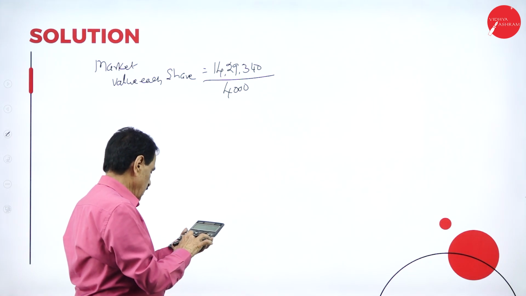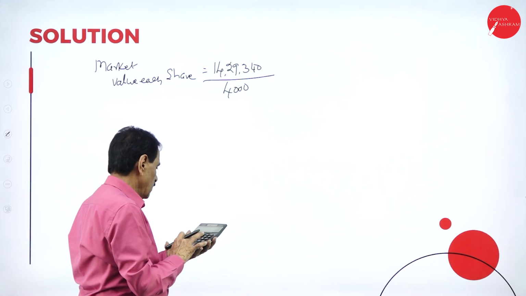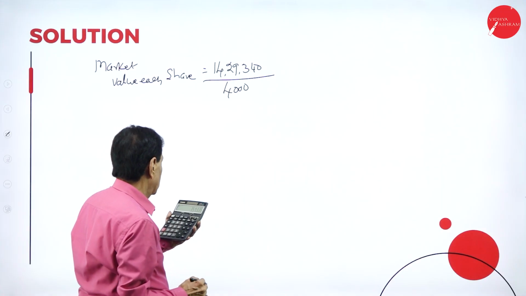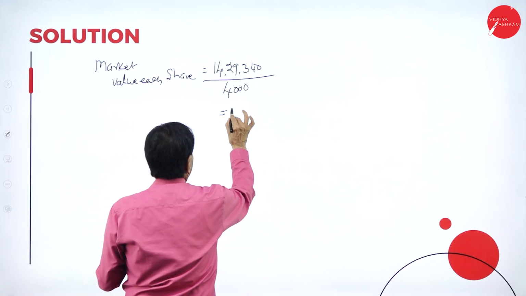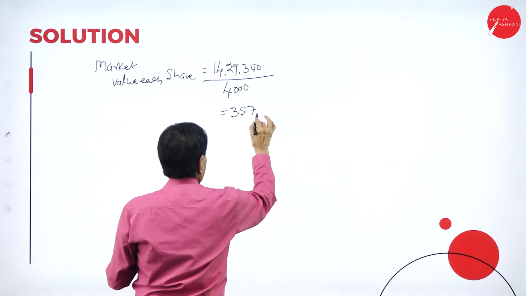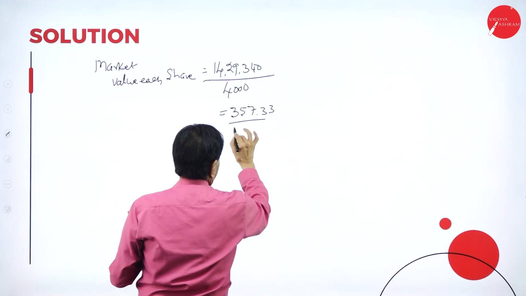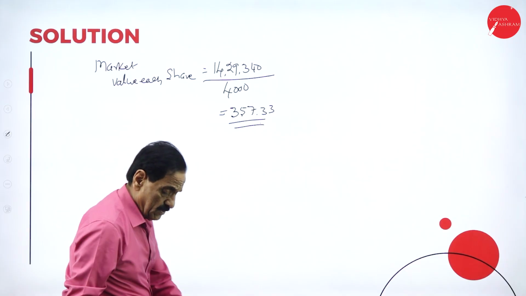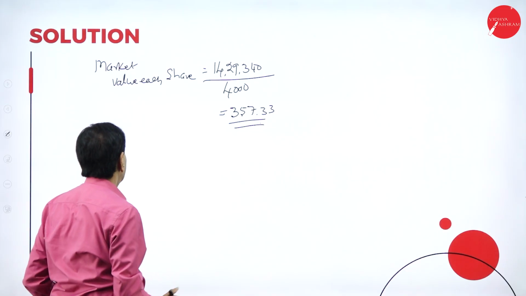That gives 357.33 share value. So this is as per the yield method.